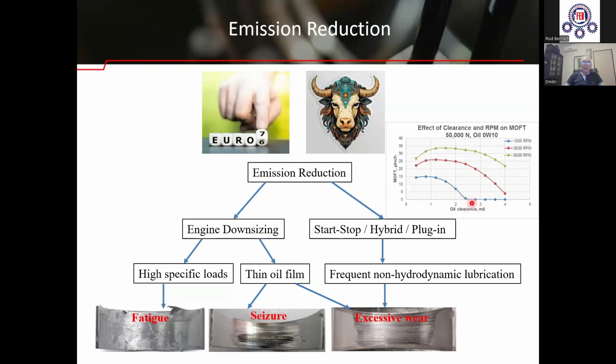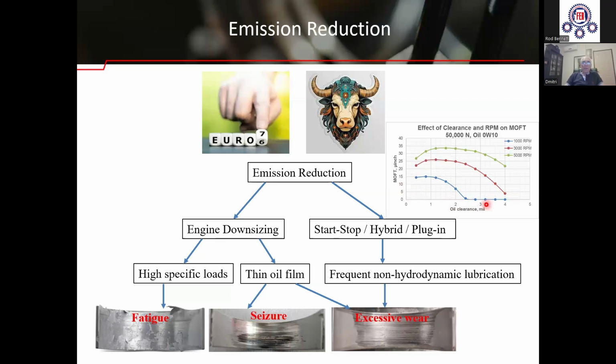So if we reduce the rotation speed below 1000, let's say 400 rpm, the value of the minimum oil film thickness is zero at any oil clearance.